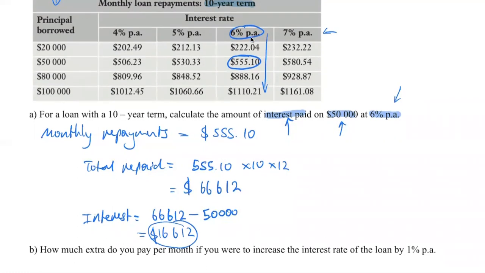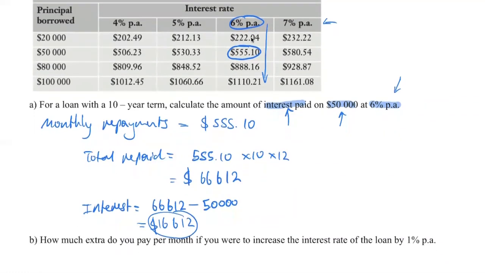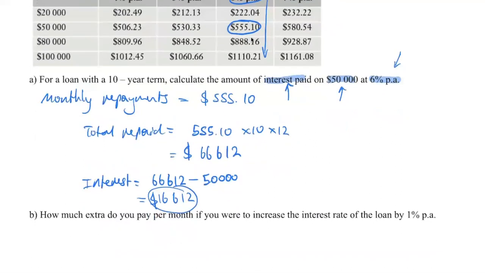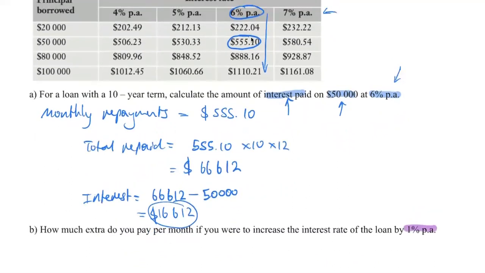For part B, it says, how much extra do you pay per month if you were to increase the interest rate of the loan by 1% per annum? For this one, we might pick a different color and go with purple. If we're increasing the interest rate of the loan by 1%, but keeping everything else the same, our monthly repayments are now going to jump to $580.54.